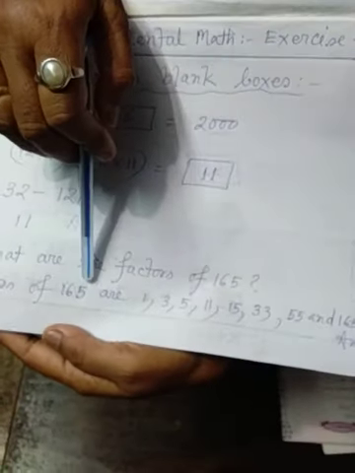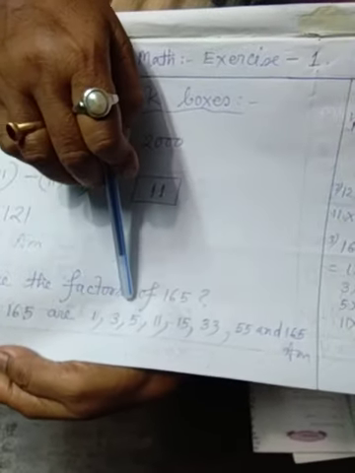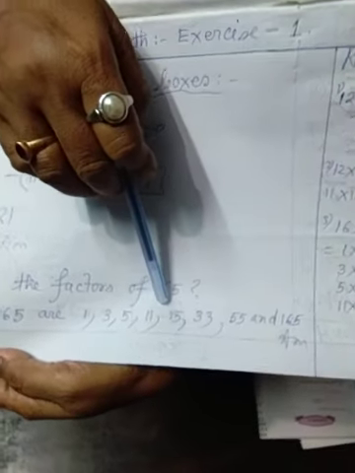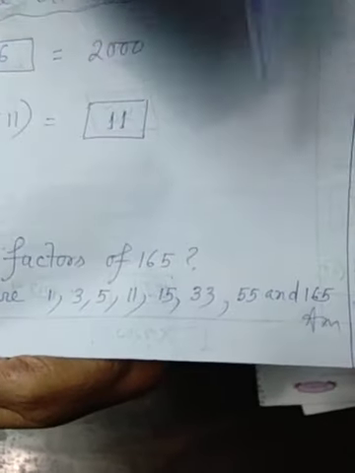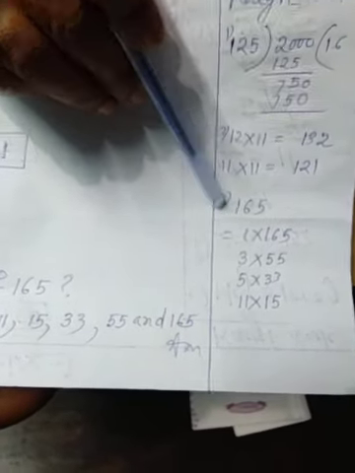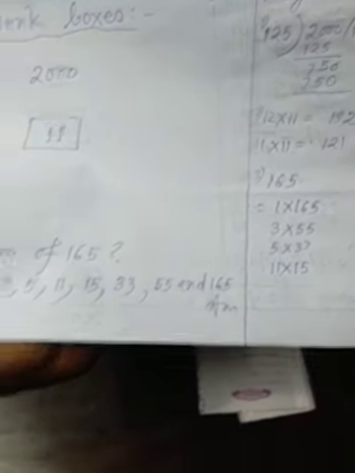So 165 is divided by which numbers? All these numbers are called its factors.